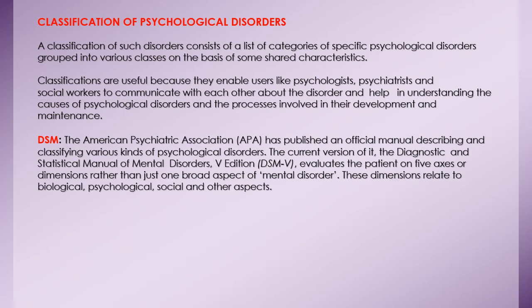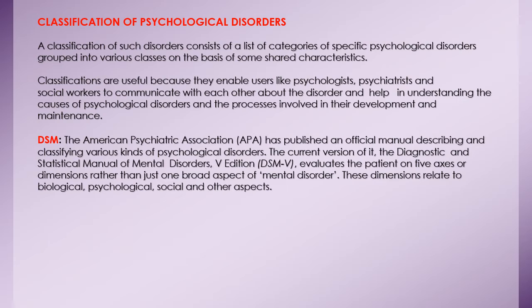Earlier, something related to neurological disorder has been shifted to psychotic, and some psychotic has been shifted to neurotic. So these are slight changes made in the editions. In order to classify and understand the disorders, there is the preparation of this manual.